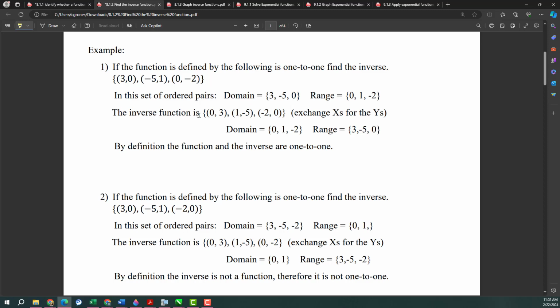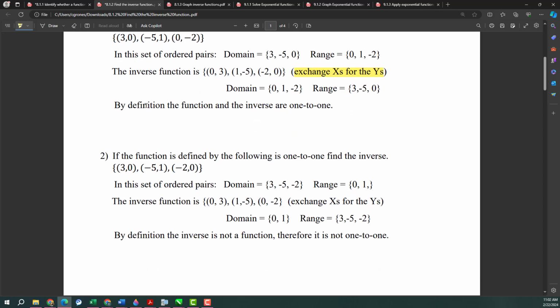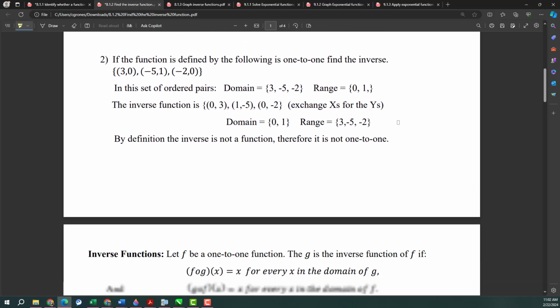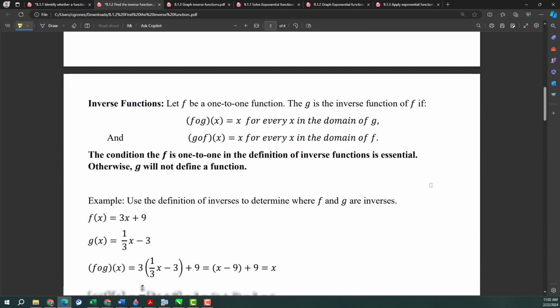For the inverse function, we would exchange the x's for the y's, and we would end up with the points (0, 3), (1, -5), (-2, 0). And then our domain and our ranges would be swapped. So by definition, the function and the inverse are one-to-one. So that is another example like that.